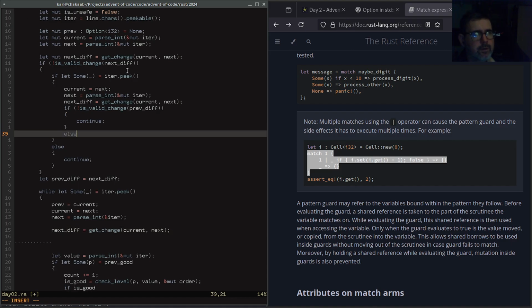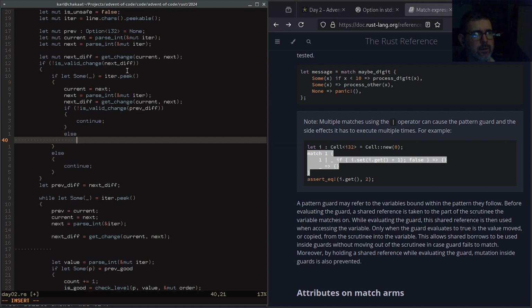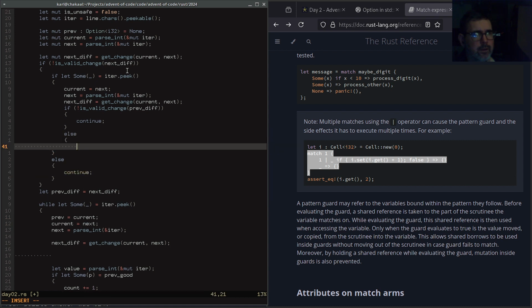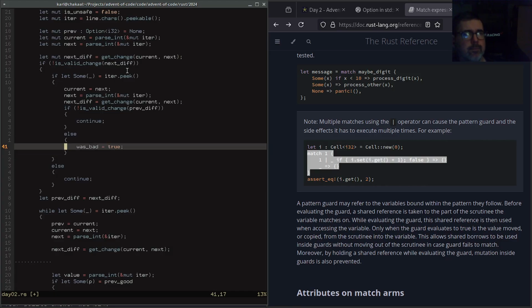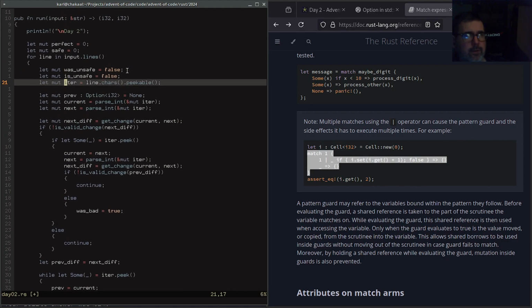Otherwise, we want was bad equal to true, right? Because we've already burnt up our out.